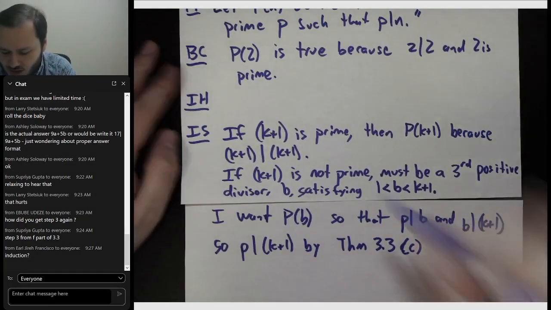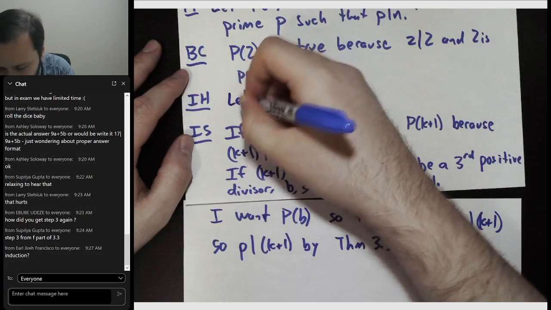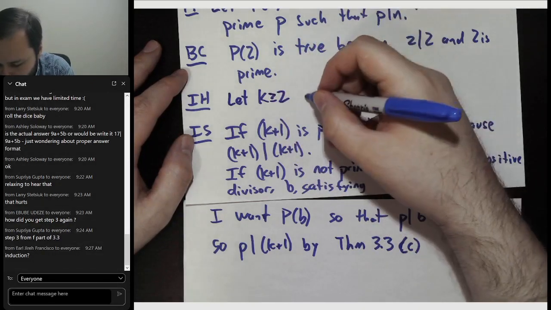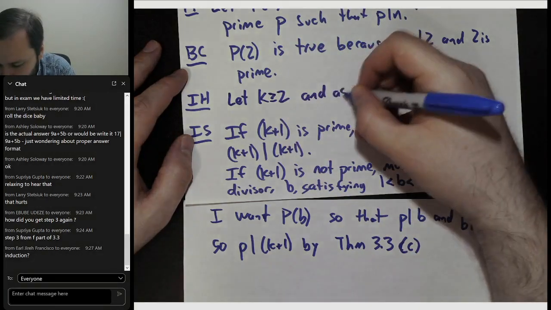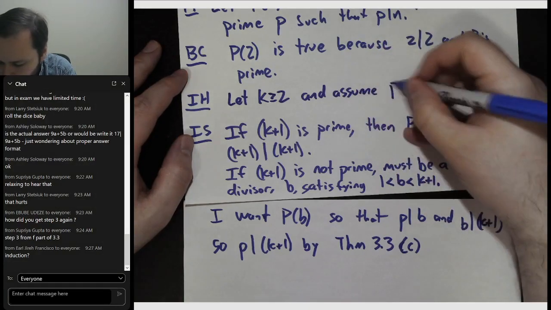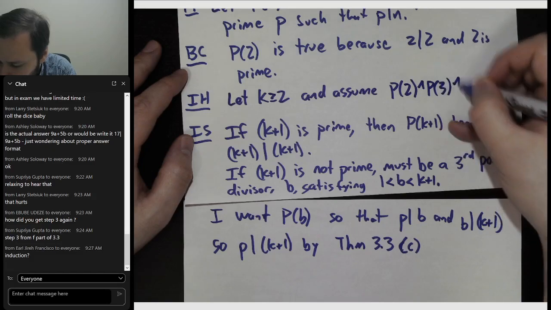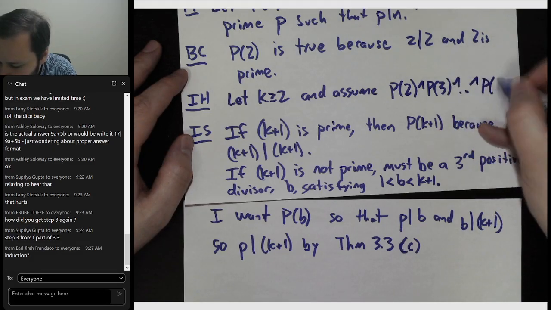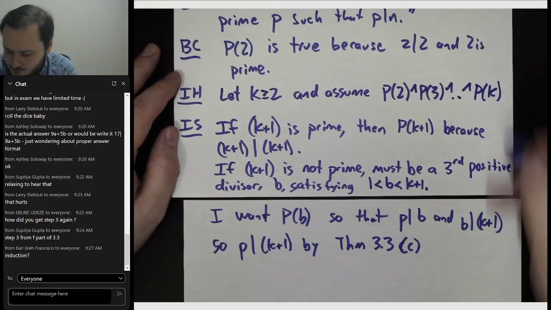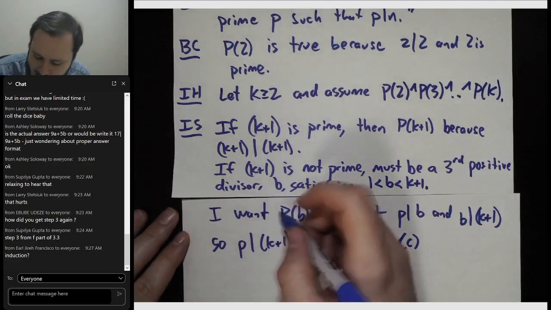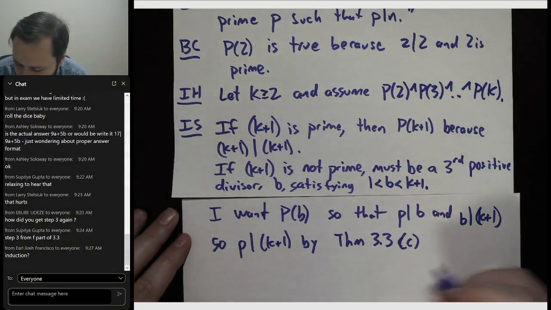So for my induction hypothesis, I'm going to say let K be greater than or equal to 2 and assume P of 2 and P of 3 and all the way up to P of K. So now I get P of B by induction hypothesis.